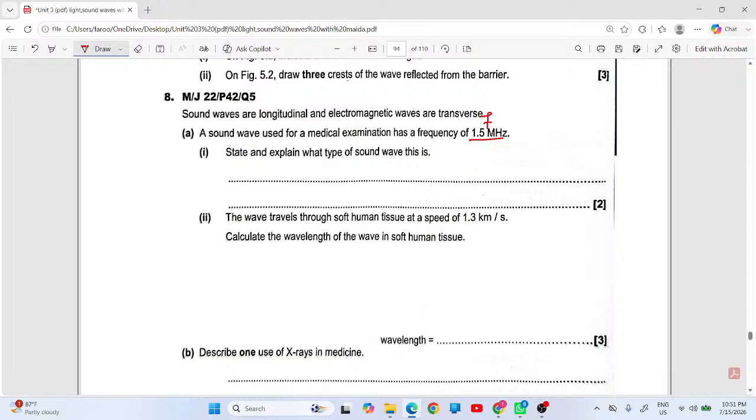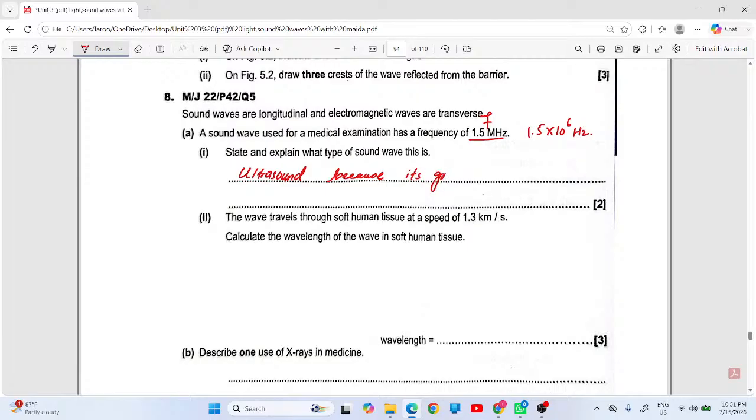Mega means millions, 10 to the power 6. This is 1.5 × 10⁶ hertz, ultrasound. तो ultrasound हो गया ना? So this is the ultrasound frequency. Why?